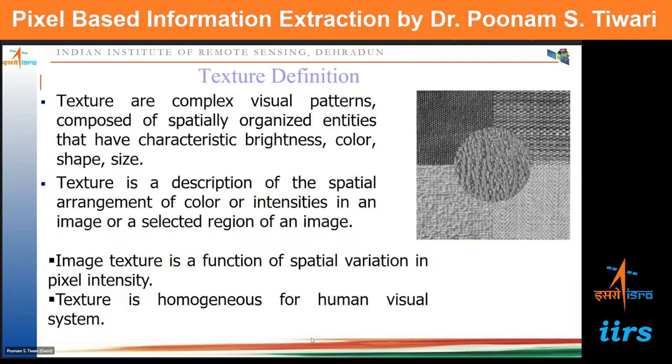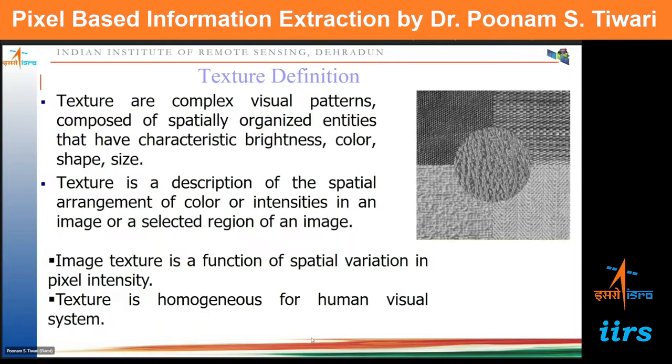That means when we go from one pixel to the other pixel, how the pixel values are changing, whether gradually or abruptly. If the pixel values are the same, the texture would be homogeneous. If the pixel values are different, the texture would be heterogeneous. There are various parameters by which we can calculate these textures, and various types of textures can be calculated and used for classification of the objects.